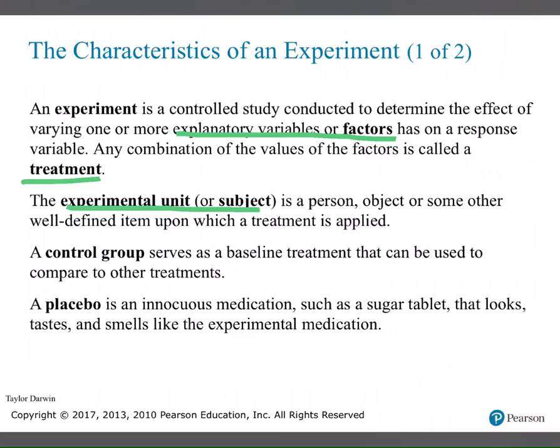A control group serves as a baseline that can be used to compare to other treatments. And a placebo is an innocuous medication, such as a sugar tablet, that looks, tastes, and smells like an experimental medication.